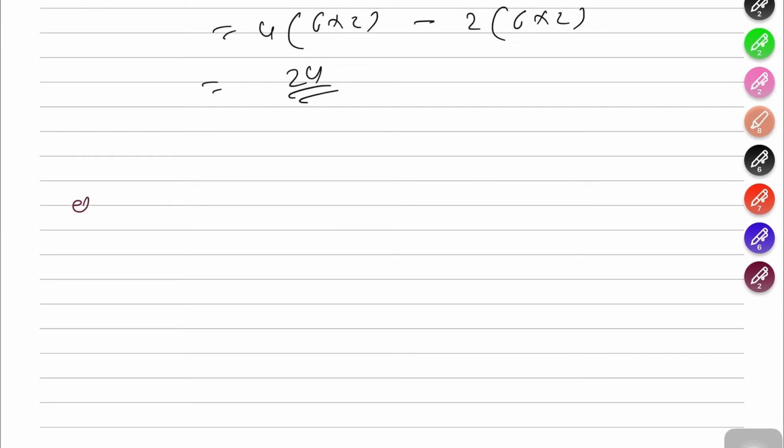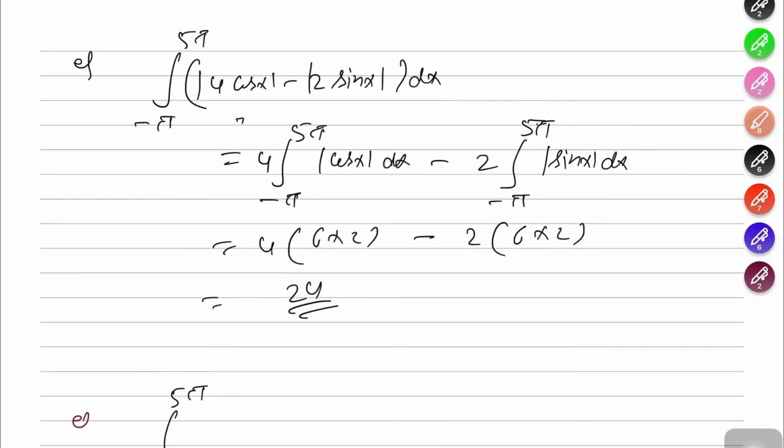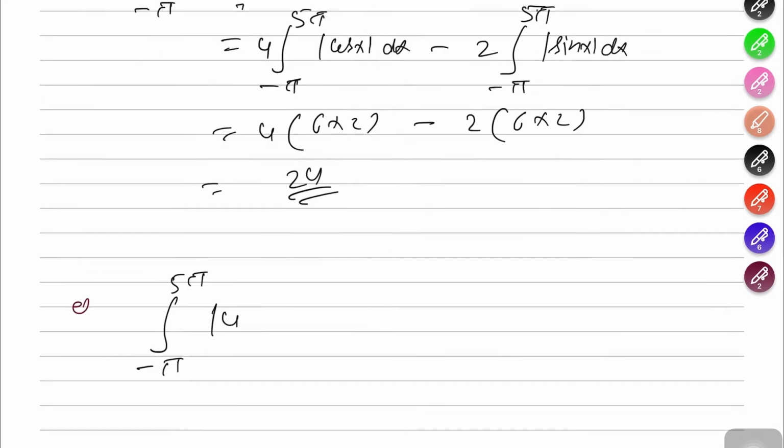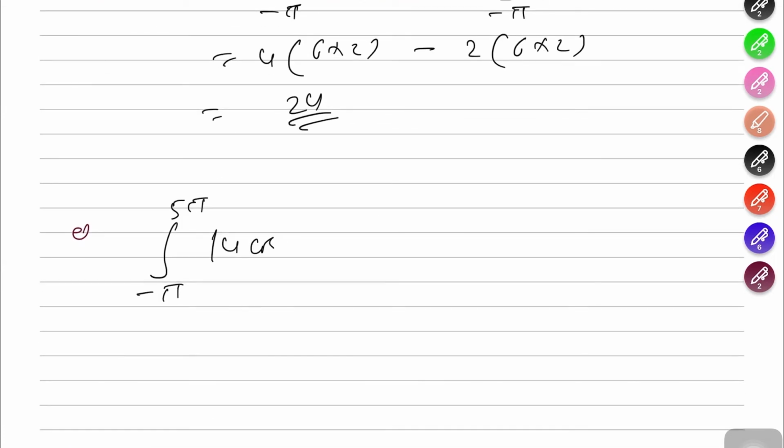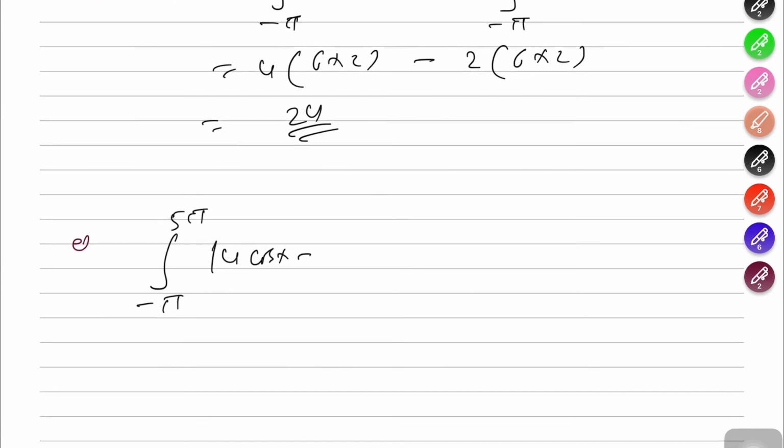Okay, let's take one more example. Let's take minus pi to 5 pi, the same, I am doing the same problem like this. Let's say 4 cos x minus 2 sin x.